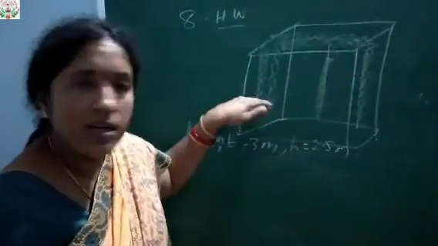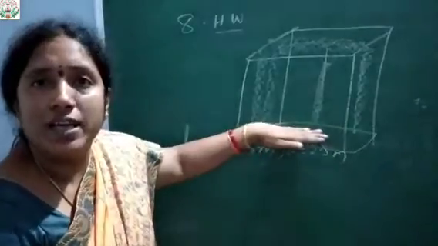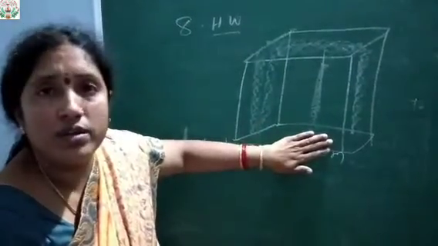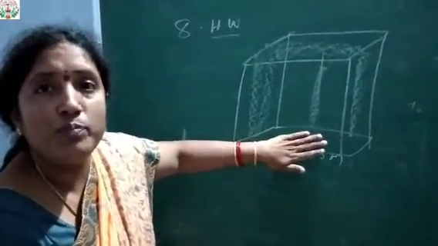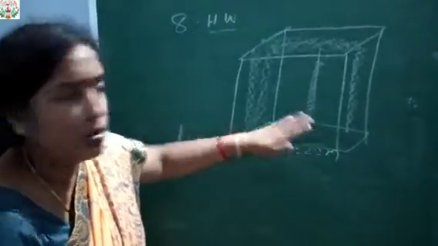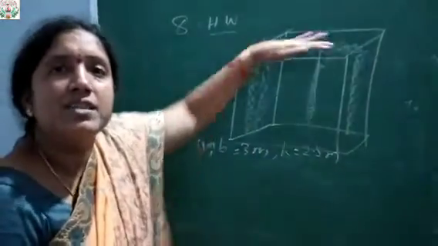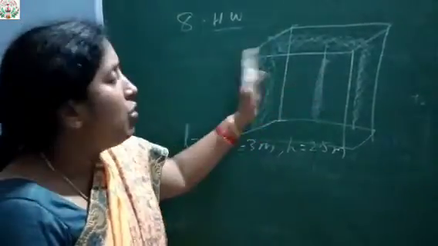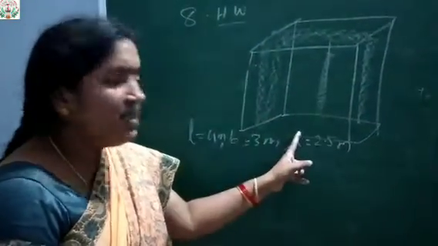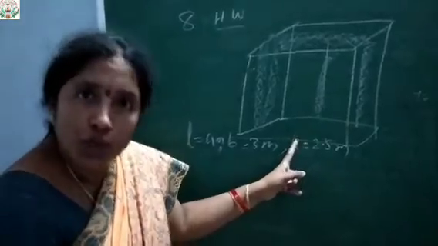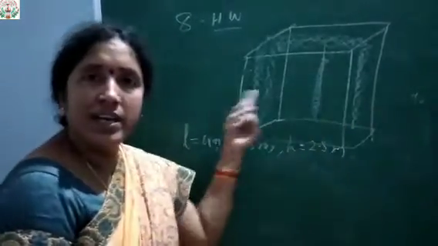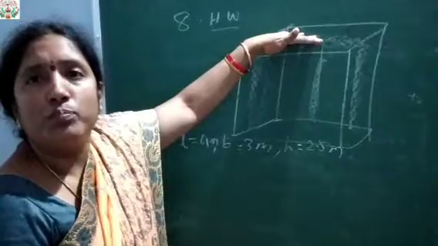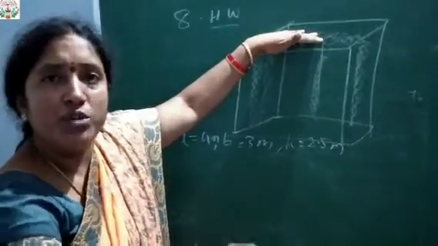Total surface area minus the area of the rectangle, because this area is not covered. Floor will not be covered with the tarpaulin cloth, only the side areas and the top. Clear? Either you can do total surface area minus the area of the rectangle, or you can do lateral surface area plus the area of the top. Either way you can do.